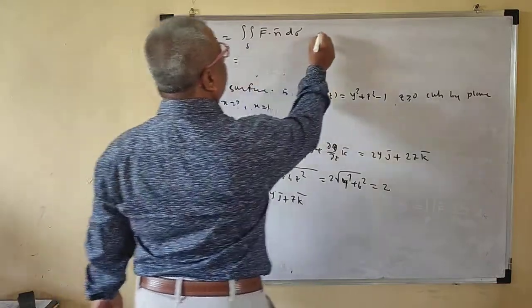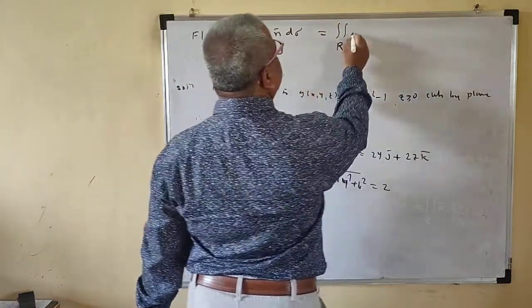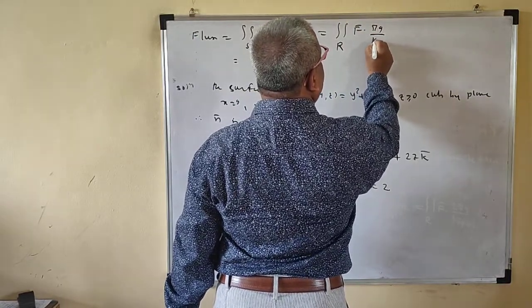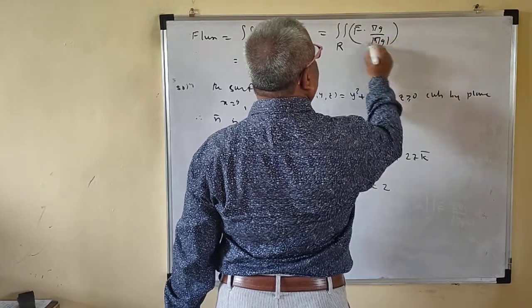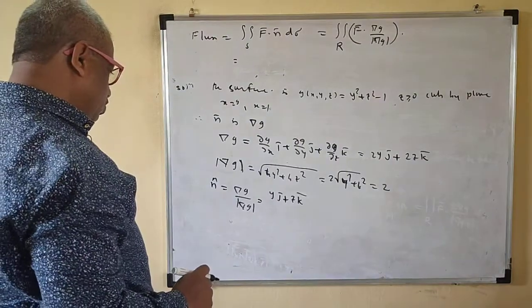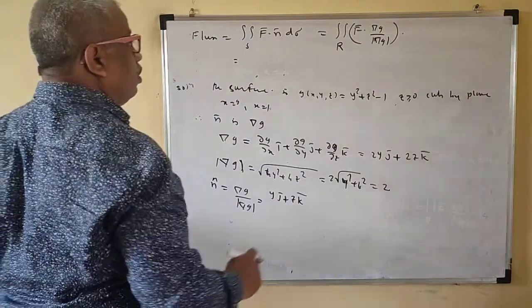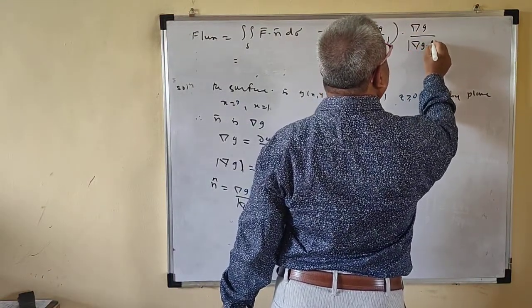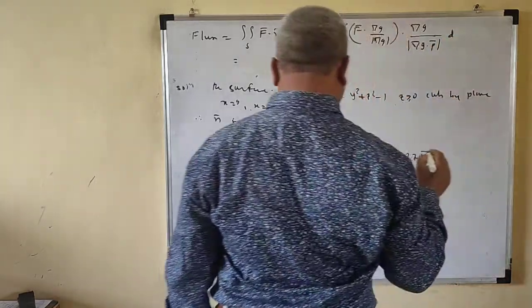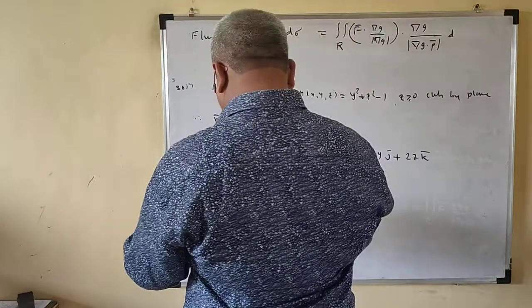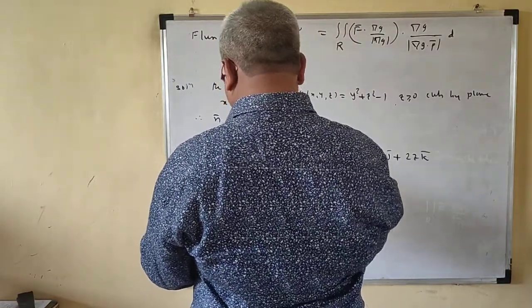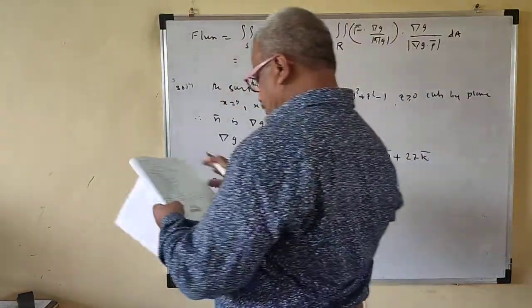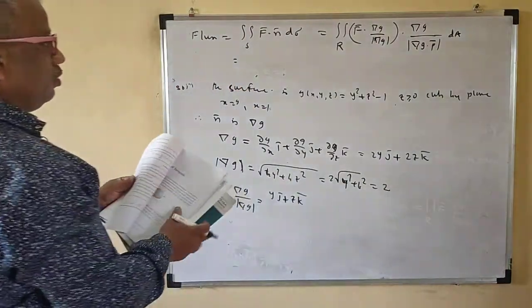This is the same as the double integral over R of F bar dot ∇G upon mod ∇G, dot p bar, dA. It is in terms of dA.